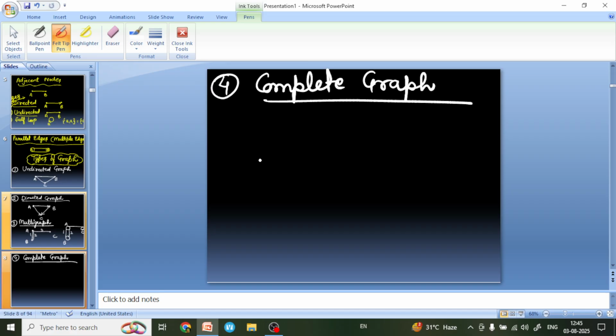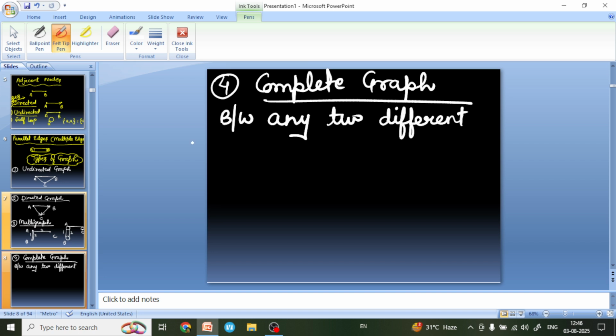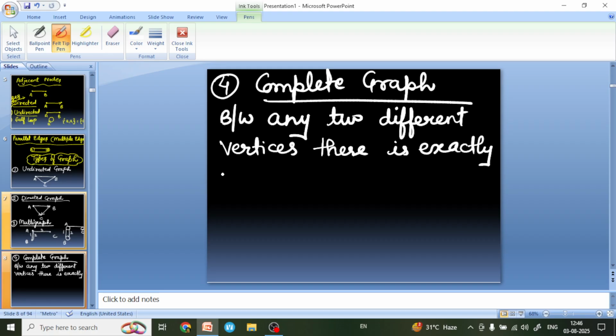It means complete graph means between any two different vertices there is exactly one edge.